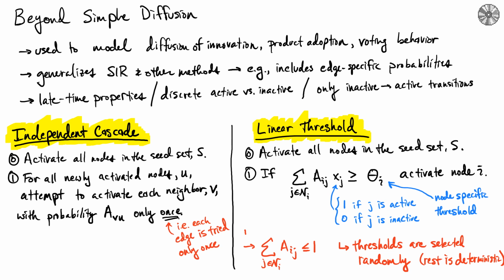So the first one's called independent cascade, and the way this works is very simple. There's a set of nodes that we'll call S. Sometimes that's called a seed set, and those are initially active at the beginning of the simulation. Then you enter the phase where, for any node that you just activated, and only nodes that you just activated, you attempt to activate all of their neighbors.